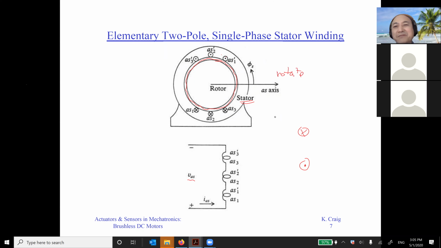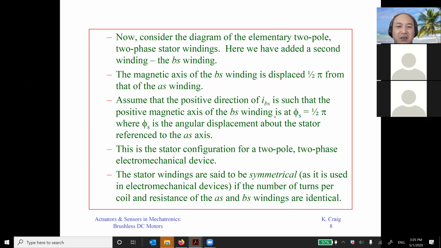Because of what? Because of the rotating magnetic field. The magnetic field is moving like this, and it will drag the rotor to rotate because of the rotating magnetic field.